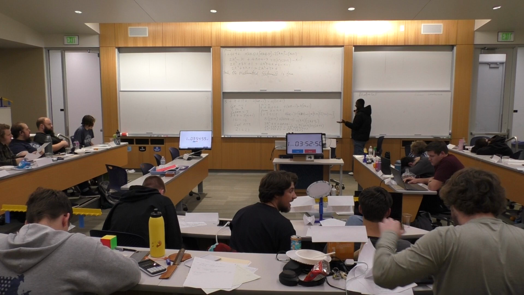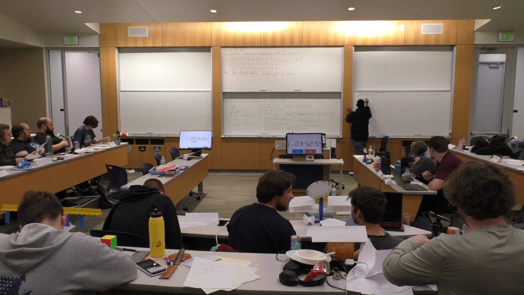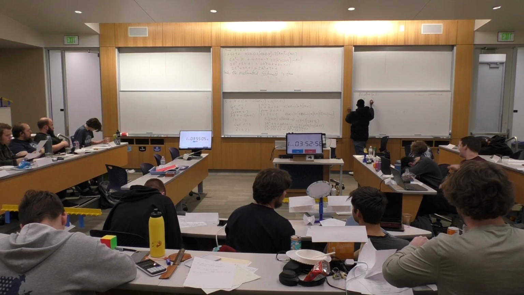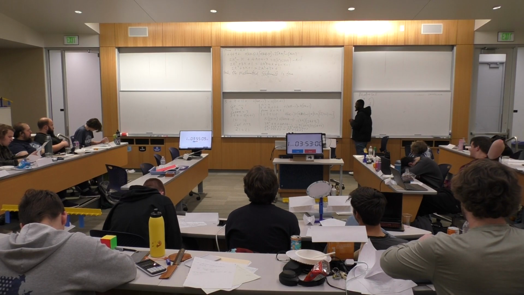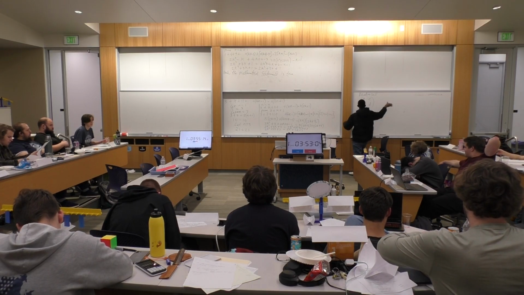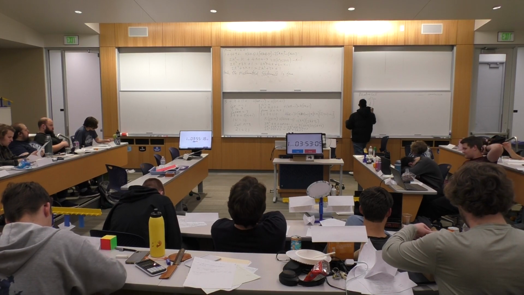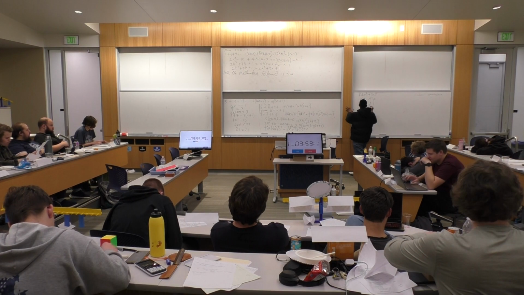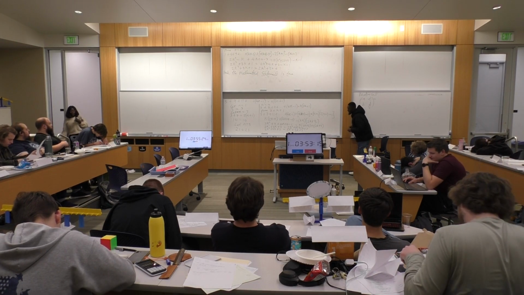A, B, C, D. So this is row, this is column, and you can call this a 2 by 2 matrix, right?